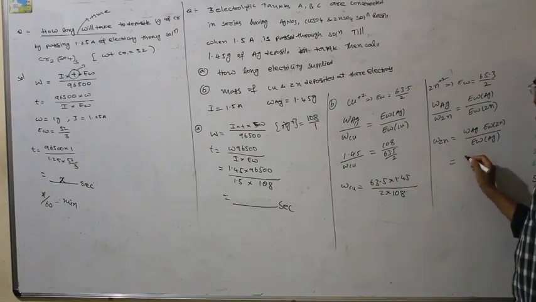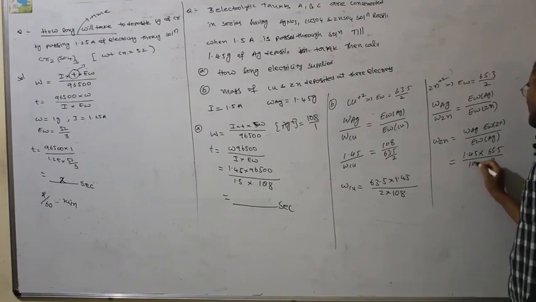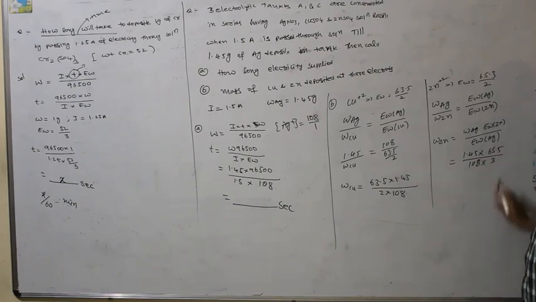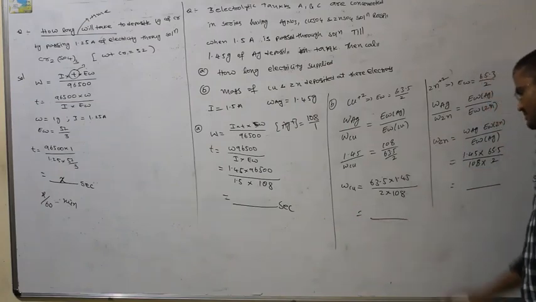That is, mass of silver deposited 1.45 into equivalent weight of zinc 65.5 by 2, and equivalent weight of silver is 108. Simplify these values.